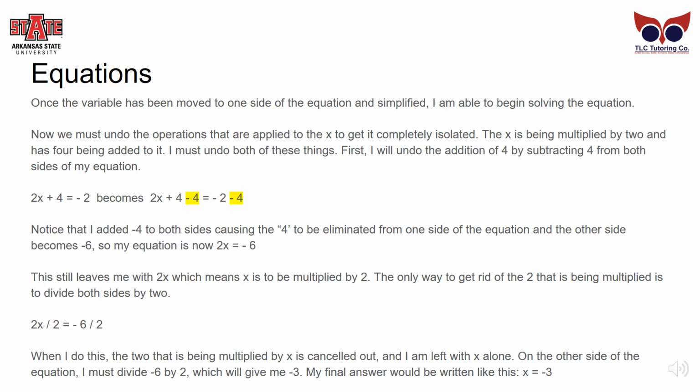When I do this, the 2 that is being multiplied by x is canceled out, and I am left with x alone. On the other side of the equation, I must divide negative 6 by 2, which gives me negative 3. My final answer would be written like this: x equals negative 3.